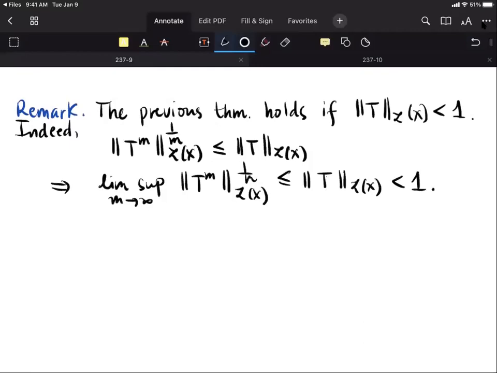So if the norm of your bounded linear operator from X into itself is less than 1, then this implies that the spectral radius is also less than 1.